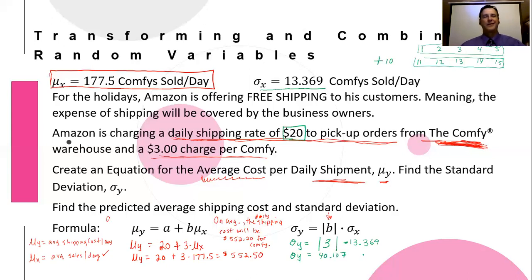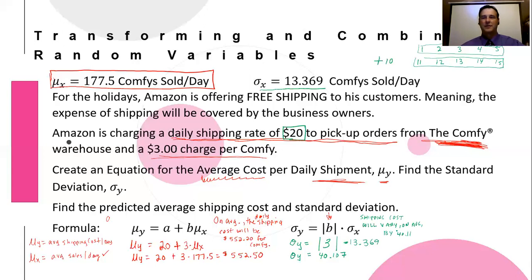Okay, and so what does that mean? It means that the shipping cost will vary on average by 40.11.